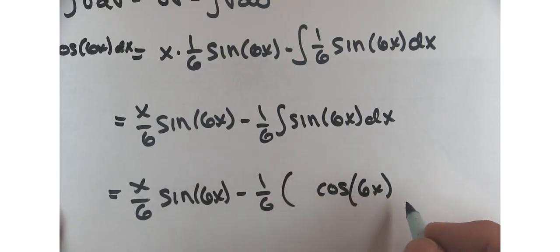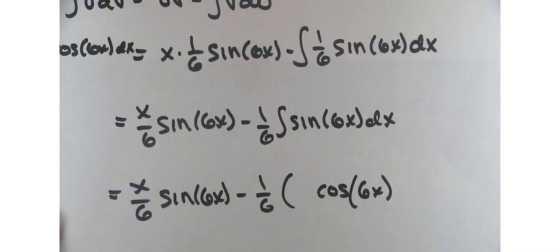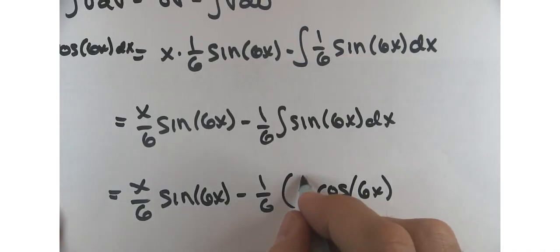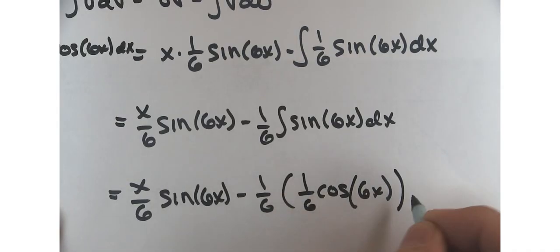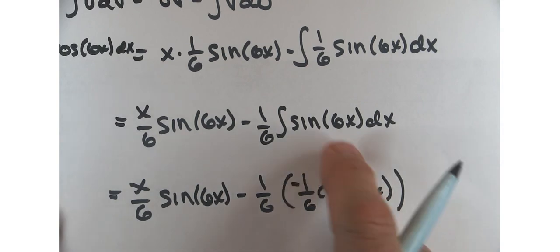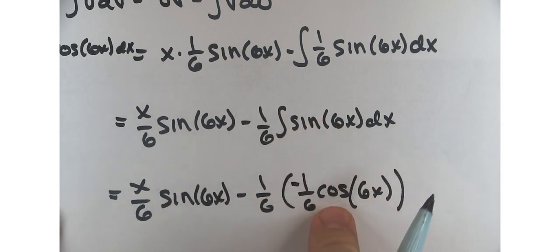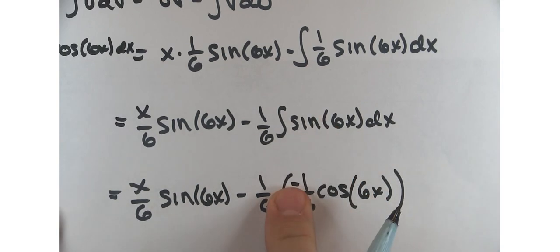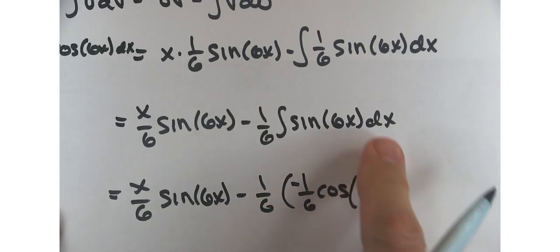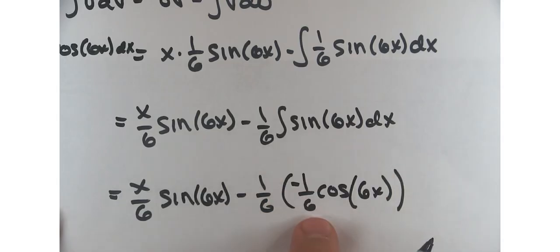There's a couple other things. Say it. 1 over 6. Anything else? Yeah. The antiderivative of sine is negative cosine, so we have to account for the negative. And then instead of multiplying by 6, we're going to divide by 6.